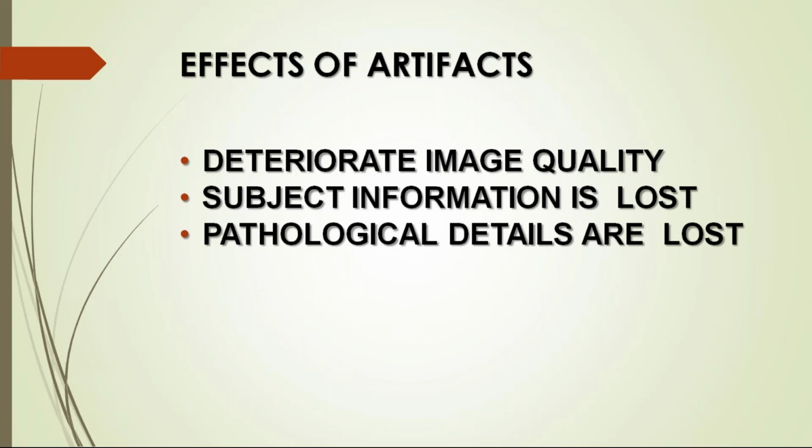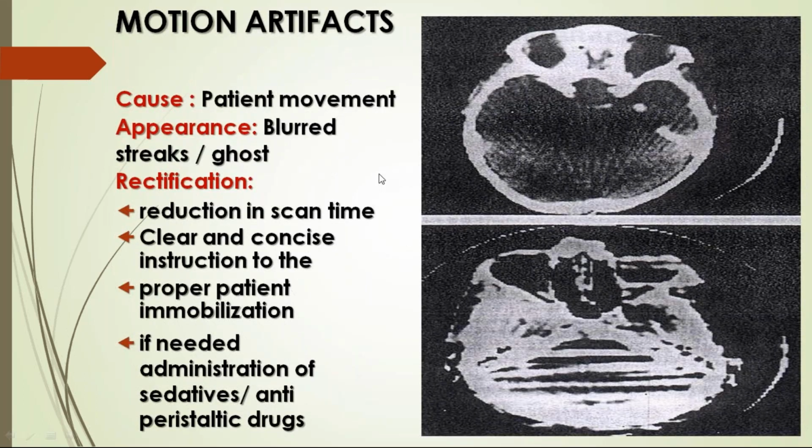Suppose if we want to see the cerebellum, and if we get an artifact there, we don't clearly see the cerebellum and the normal anatomy of the region, and the information is lost. Okay, then pathological details are lost. Due to these artifacts, that's why we should be very clear about what these artifacts are.